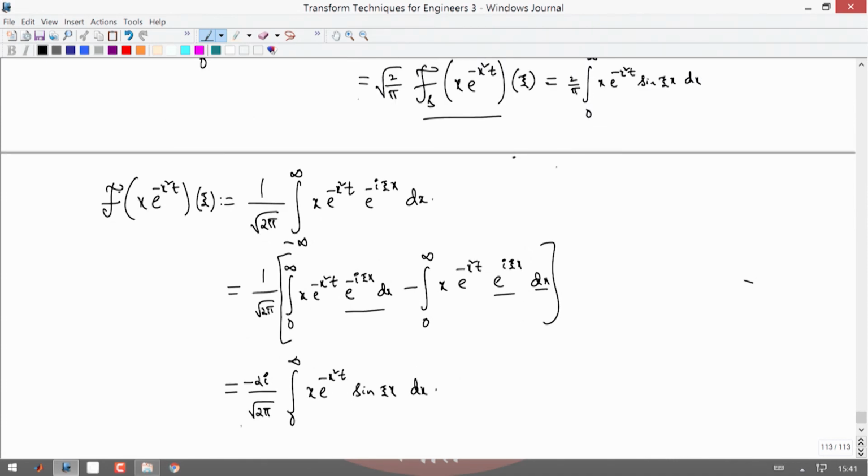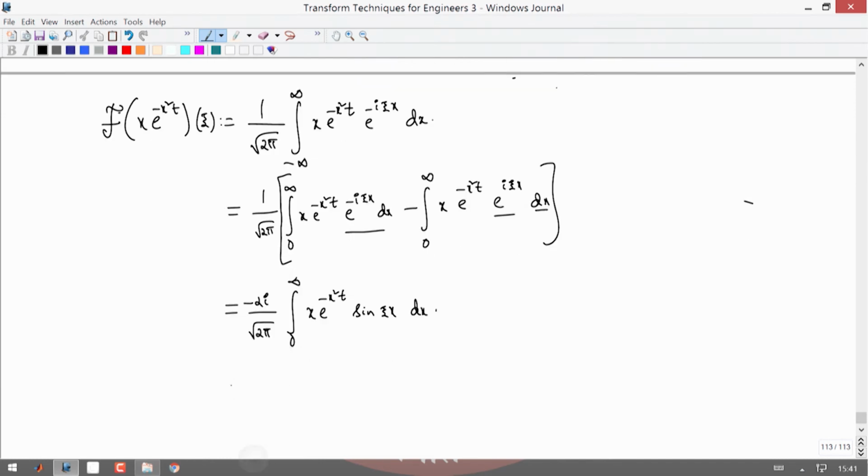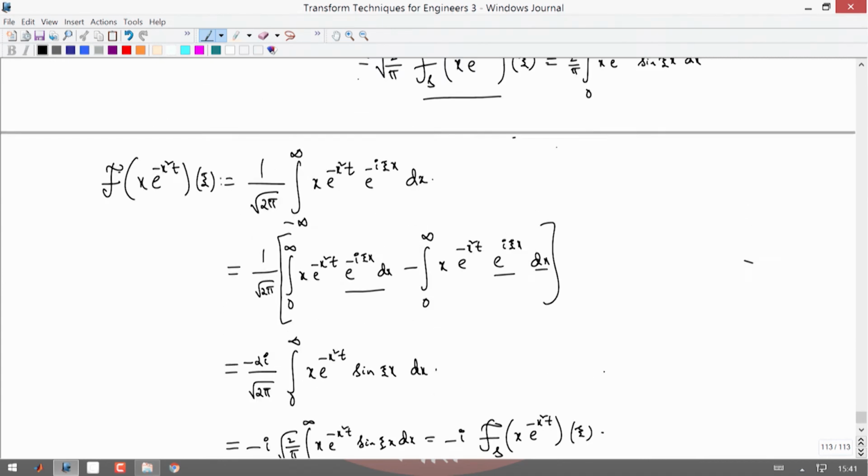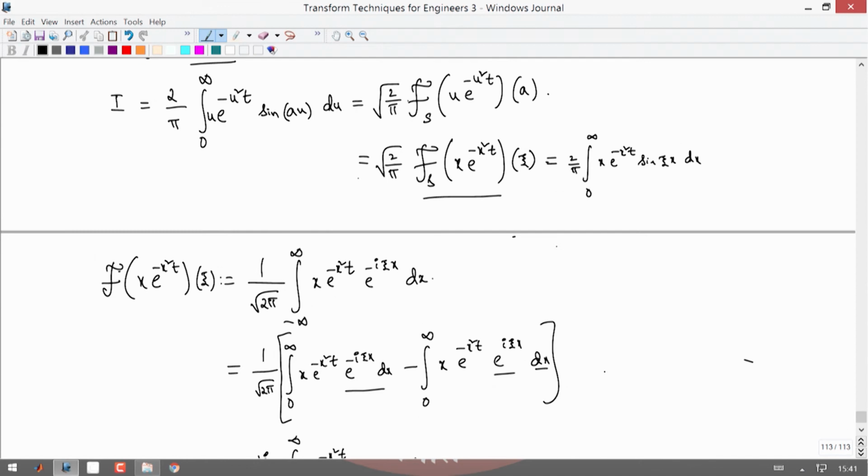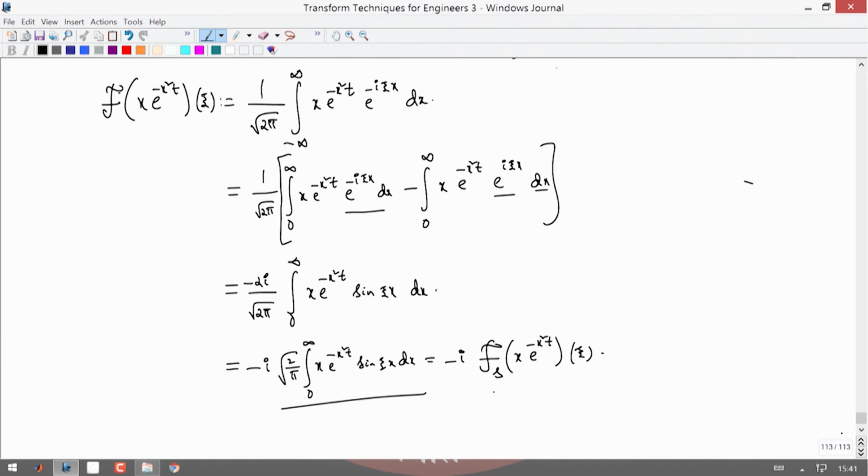So, 2 goes, and what you end up with is minus I root 2 by pi times integral 0 to infinity x times e power minus x square t sine xi x dx. This is nothing but minus I times the Fourier sine transform of x e power minus x square t as a function of xi. Okay, so you end up getting this one. So, this is root 2 by pi times Fourier sine transform of this one.